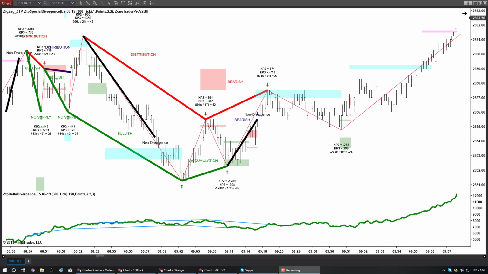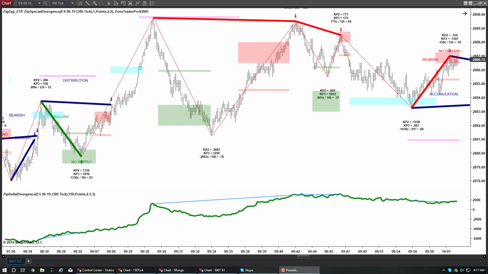As you see here, the sell-off down here was only a negative 273 contracts, and this is the reason for the ratio. The ratio was only a minus 24 per tick as we traded down and traded into support right here at the open. Here's another example.